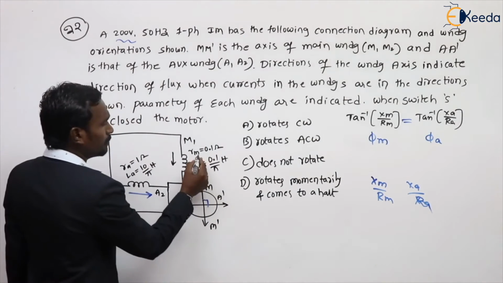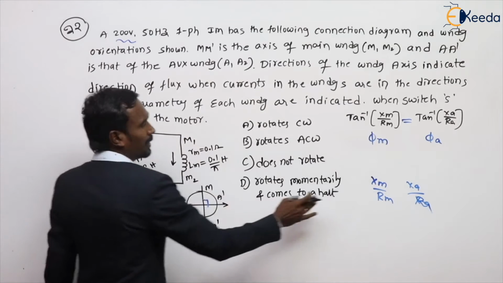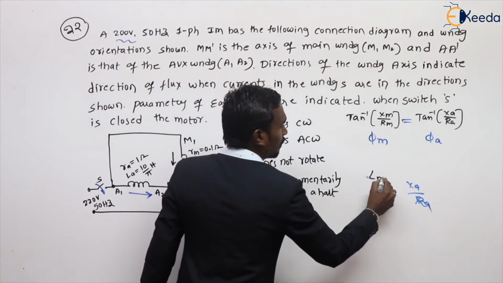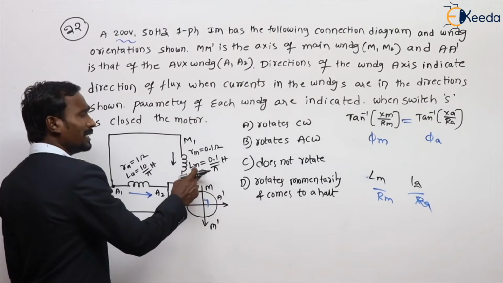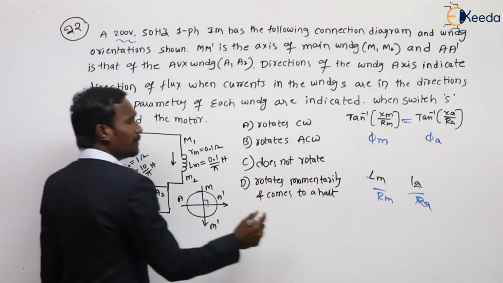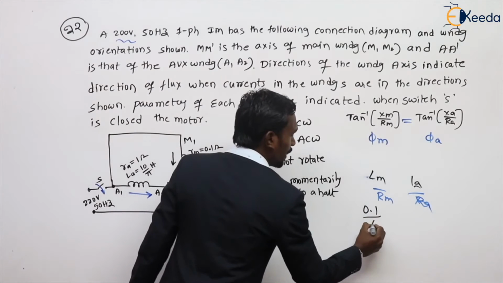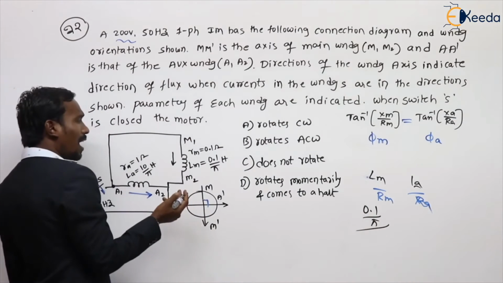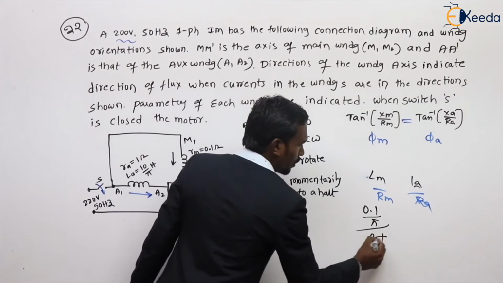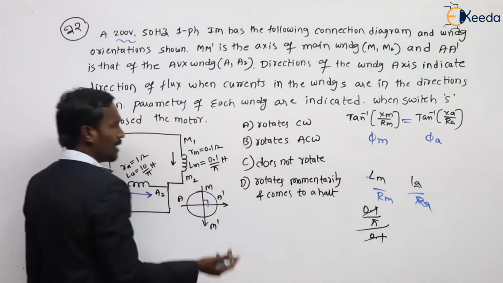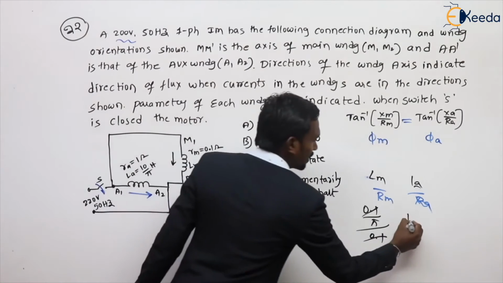What is Xm or Lm? Here we have Lm by Rm and La by Ra. Lm is 0.1 by pi and Rm is 0.1, so 0.1 gets cancelled. La is 10 by pi.